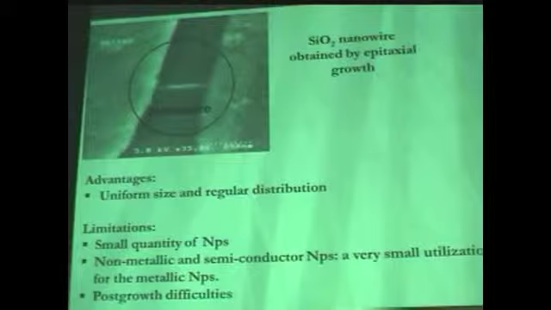It's due to the use of relatively soft conditions which are incompatible with the production of metal oxide nanoparticles.